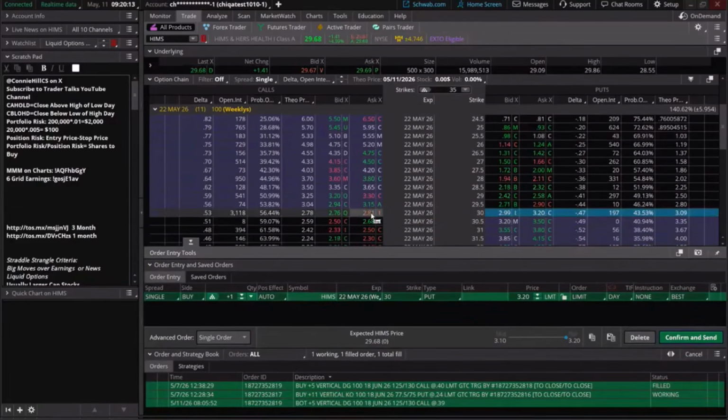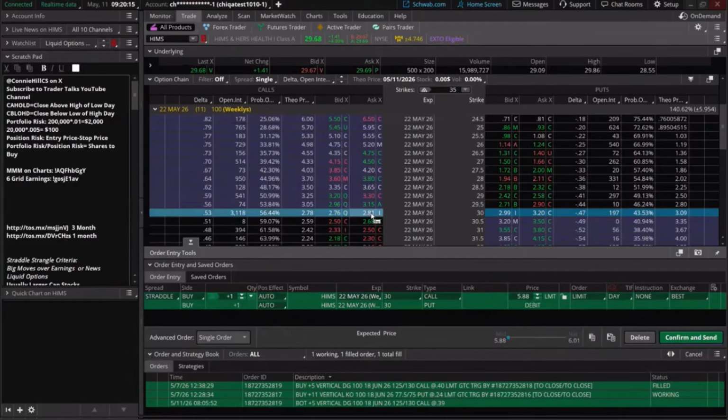I have this habit of starting with the put, so I'll go to the put side, then we'll go to the call side. These two contracts together are going to cost $5.88.